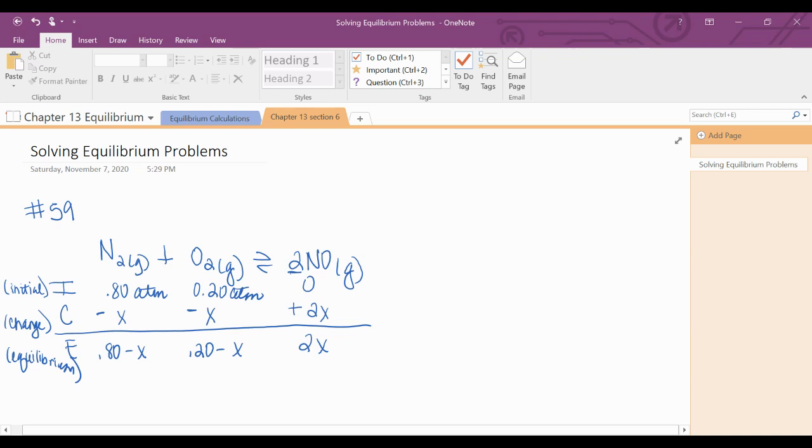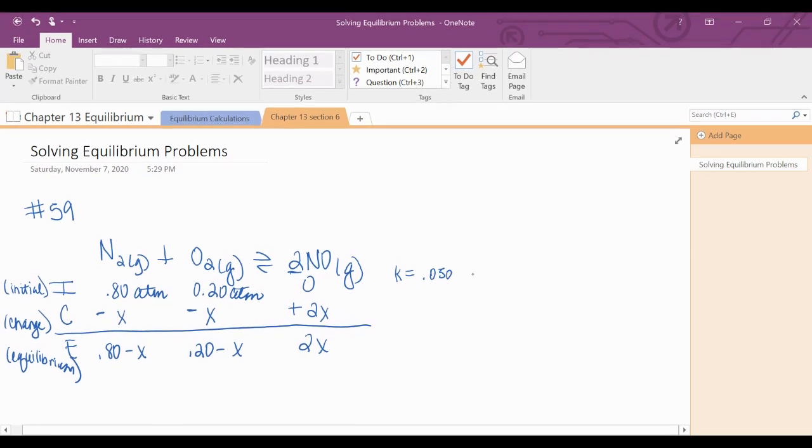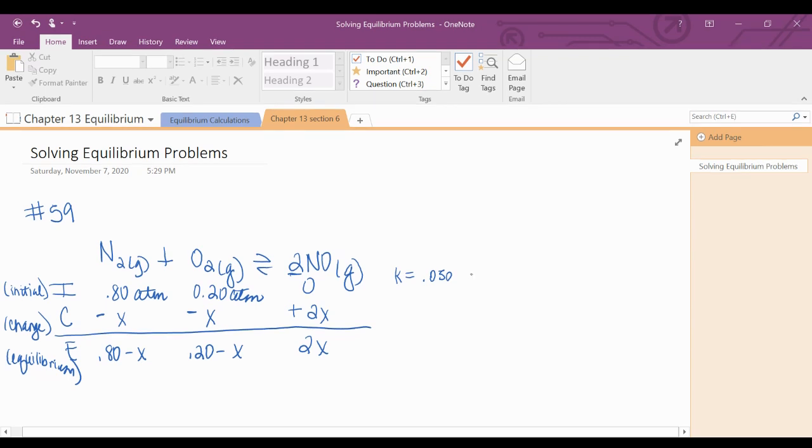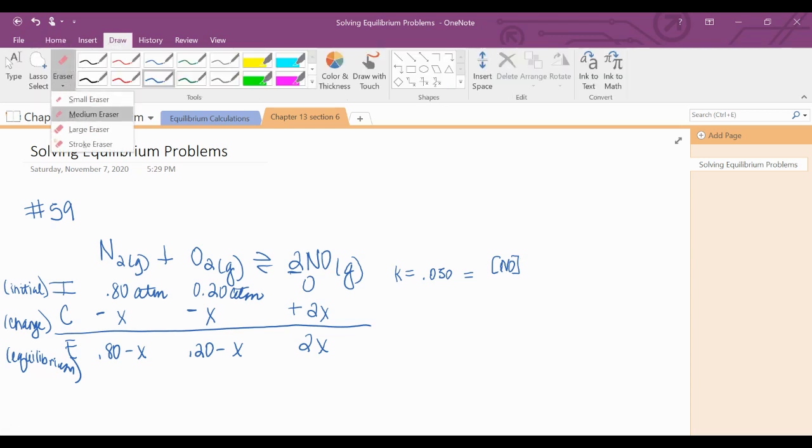Okay, so then we're going to set up our K expression. Now we're actually given the value of K here. So K would be equal to 0.050. And we know that this is products, so this would be NO. And these are actually pressures, so I'm going to make these parentheses.